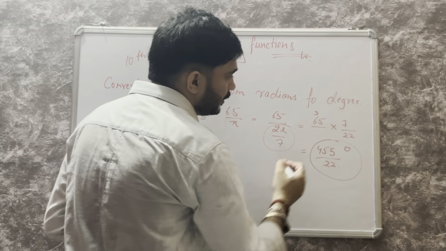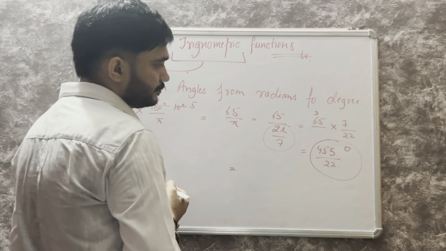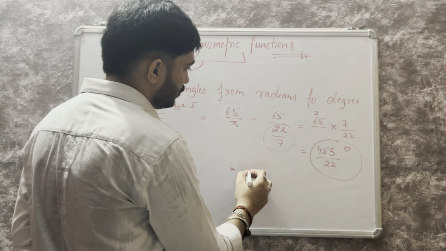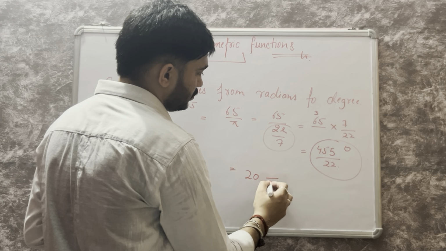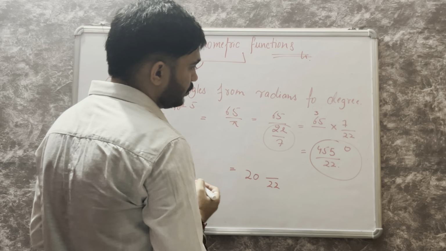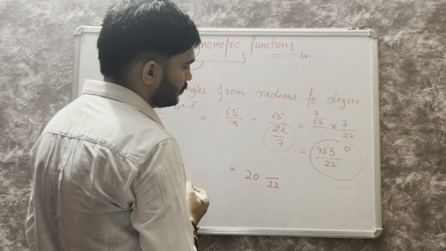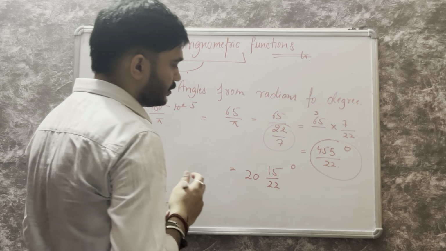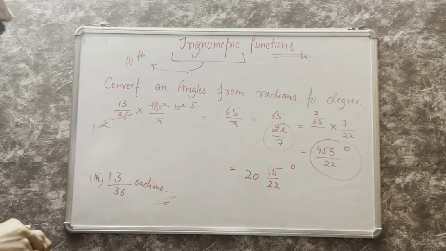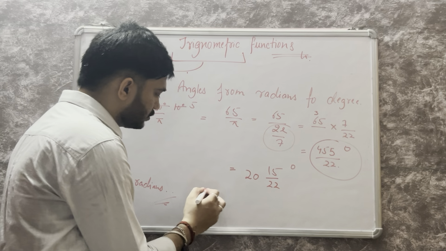Convert the degrees into a mixed fraction. 22 into 20 is 440, remainder 15, so 20 degrees and 15 by 22. How are we going to solve this?